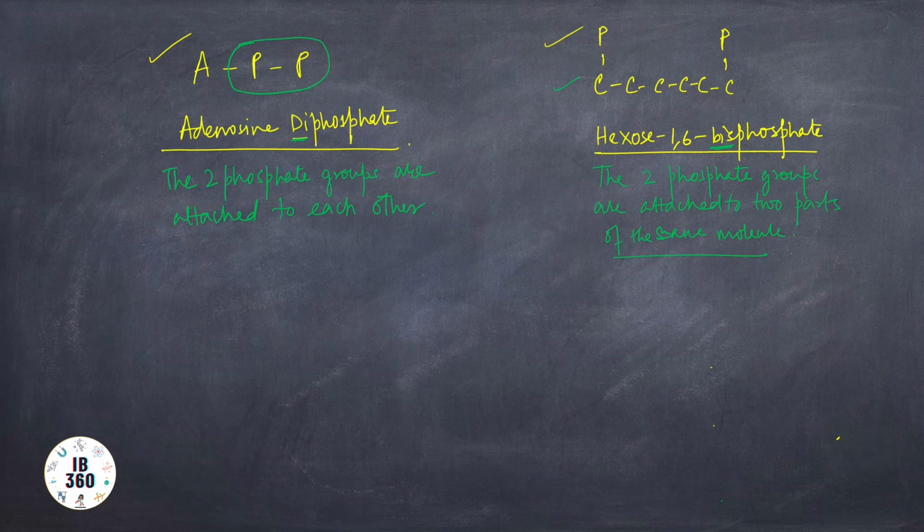What is a coenzyme? In the case of conjugate enzymes, we had an apoenzyme, which was the protein part, and a cofactor, which was the non-protein part. The cofactor, depending on whether it is organic, inorganic or a metal, can be a coenzyme, a prosthetic group or a metal ion.